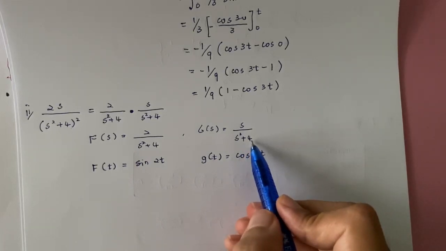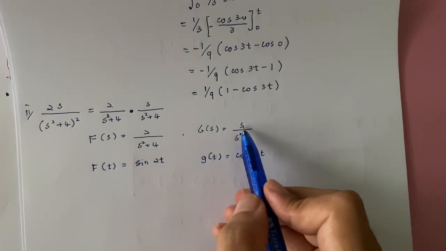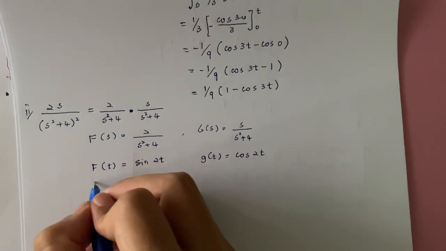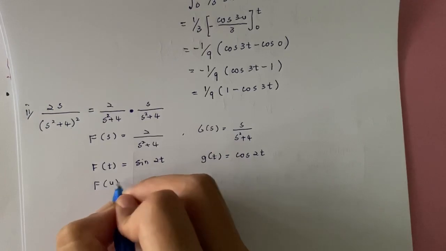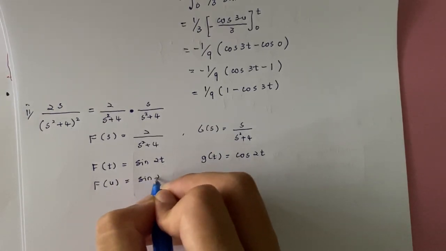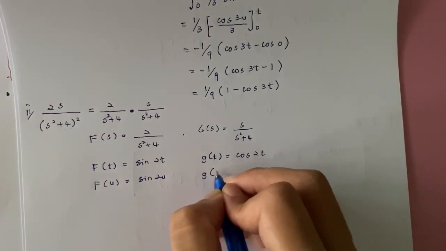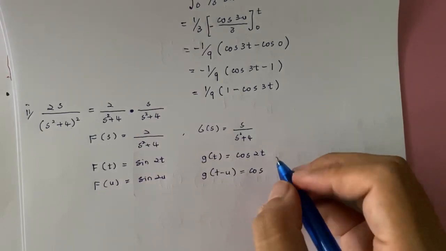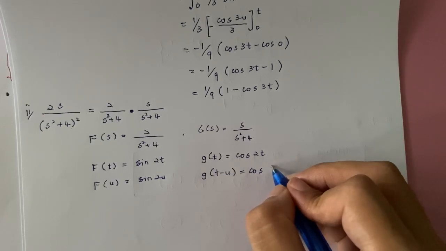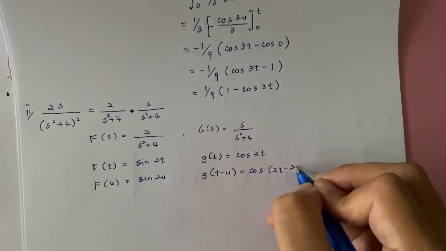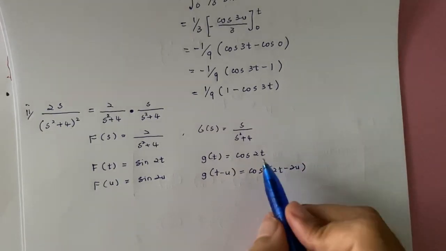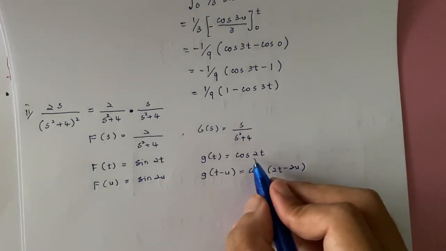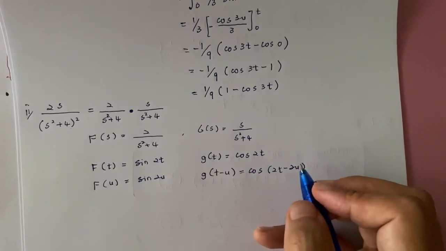This is s, so this is cos 2t. Okay, so you have f(t), g(t), then find f(u). f(u) is sine 2u, then g(t minus u) is cos of 2t minus 2u. Substitute t with t minus u, so you have 2t minus 2u.